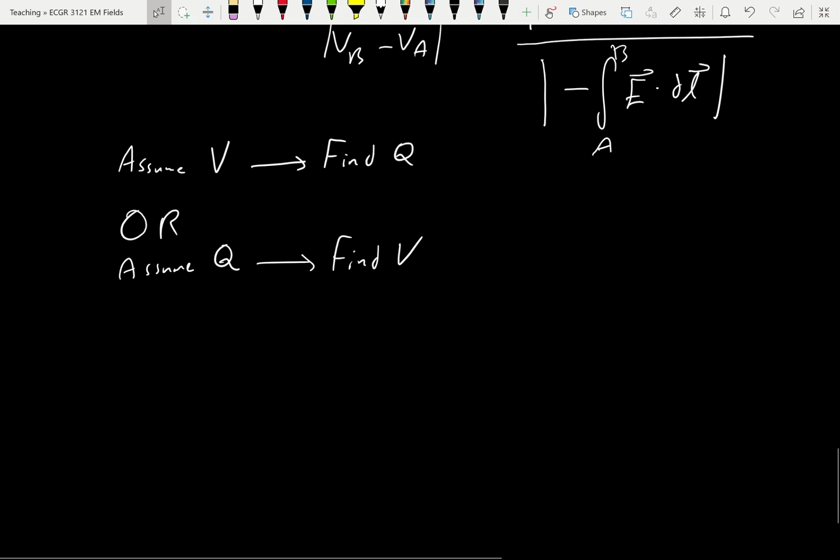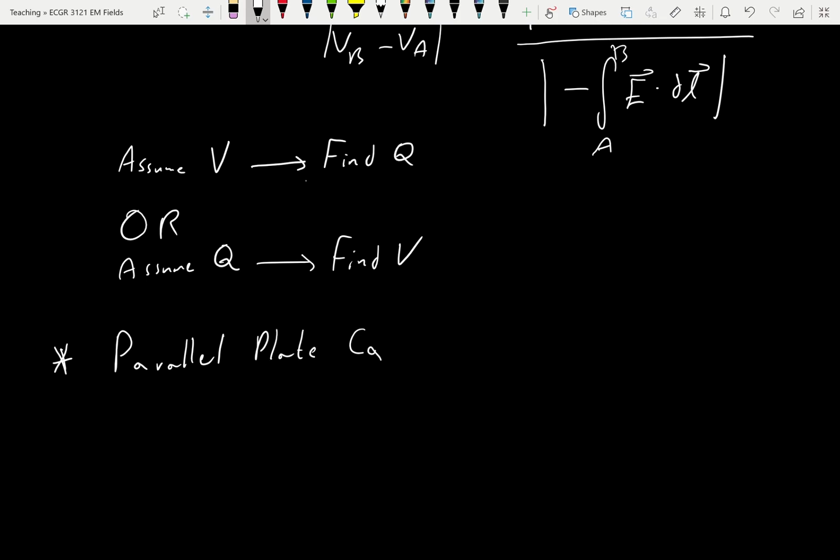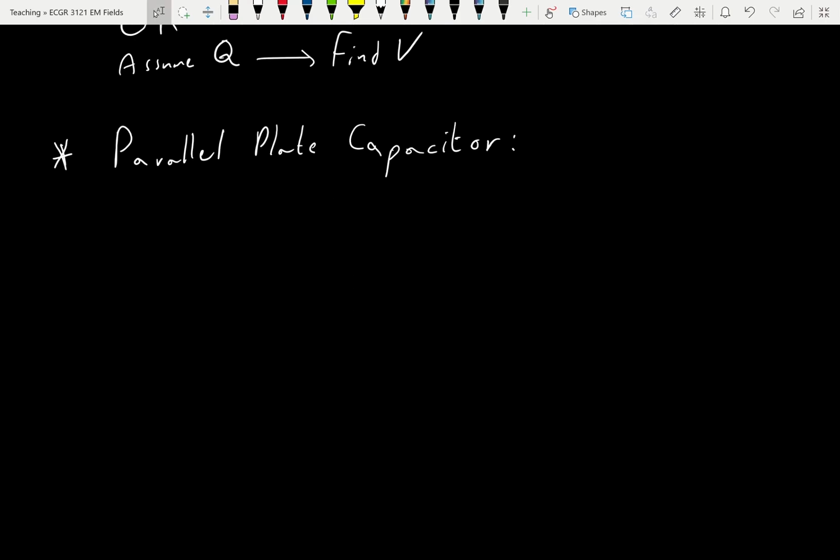The most famous kind of capacitor is the parallel plate capacitor, which looks like this, right?